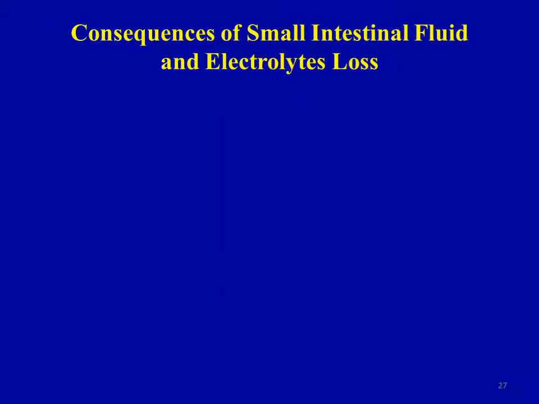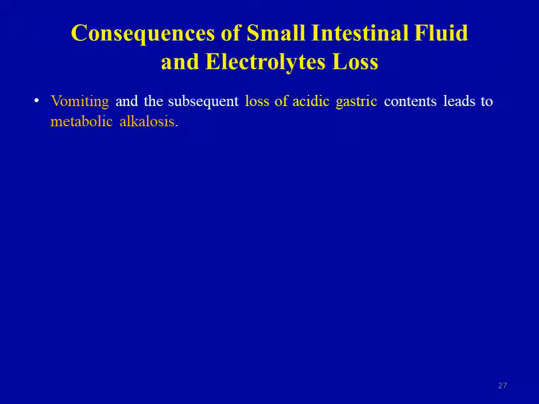What are the consequences of small intestinal fluid and electrolyte loss? Vomiting and subsequent loss of acidic gastric contents leads to metabolic alkalosis, and we spoke about that in the tutorial. It is hypokalemic, hypochloremic metabolic alkalosis, and we explained the mechanism of hypokalemia.